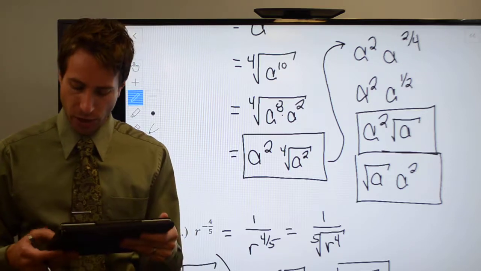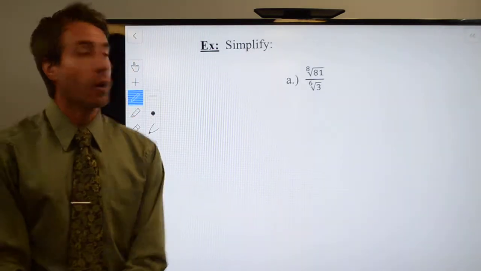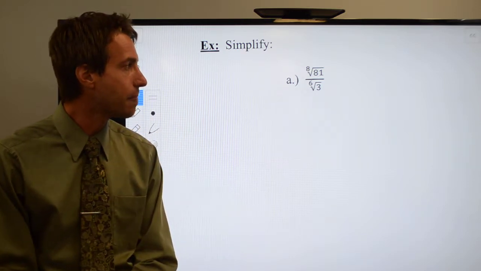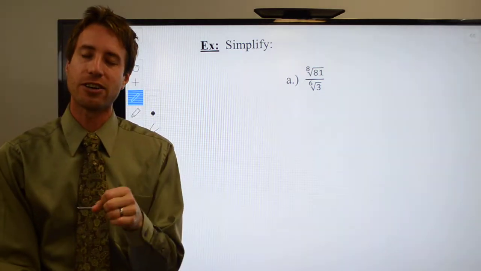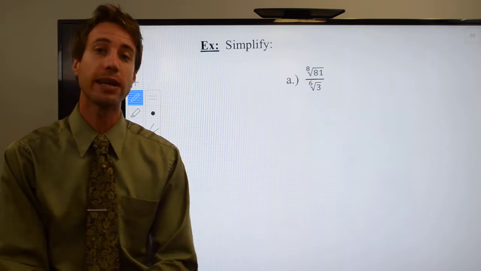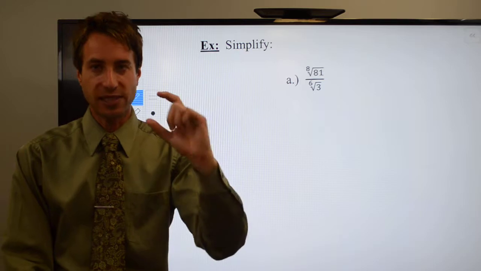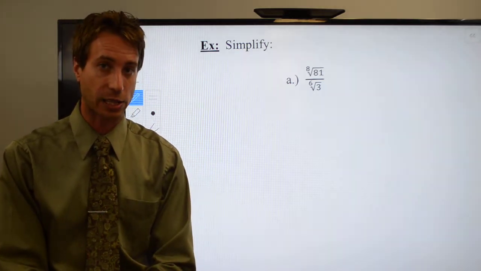So let's jump on to a new one here. This is the next page of the notes, and what we want to do is simplify the expression that I've given you here, and right away we recognize that we have division. Now there is the quotient property of exponents, which says if you have the same base top and bottom, you'll subtract the exponents.